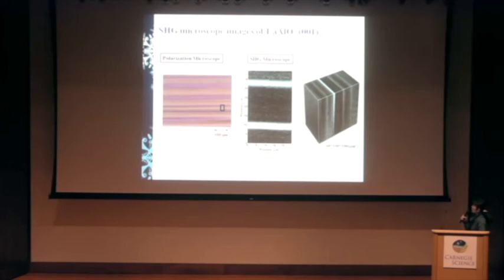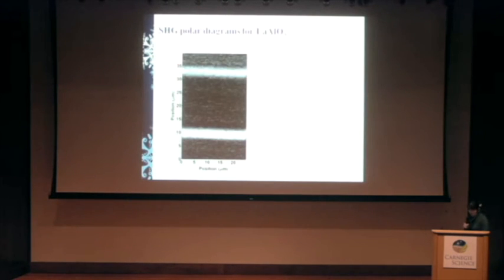And in the three-dimensional images, we can see that even inside the specimen, it remains SHG active. So we did a polarization analysis for this measurement to determine the symmetry of this domain boundary. When we change the direction of the polarizer and analyzer, you can see that there is no SHG intensity except at the domain boundary in this material.